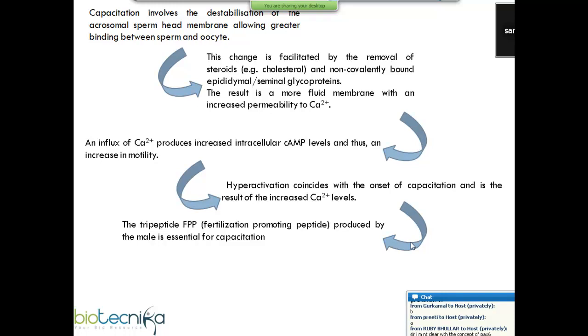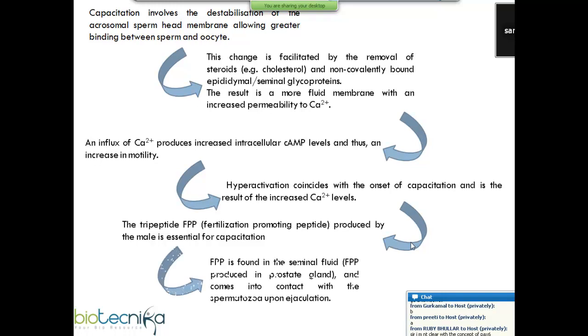The sperm will be in the fluid, and this fertilization promoting peptide will be present in that fluid. It will be activated and come in contact with spermatozoa only if the cholesterol is removed.